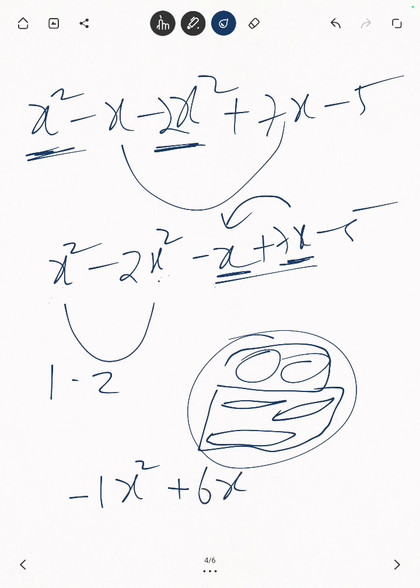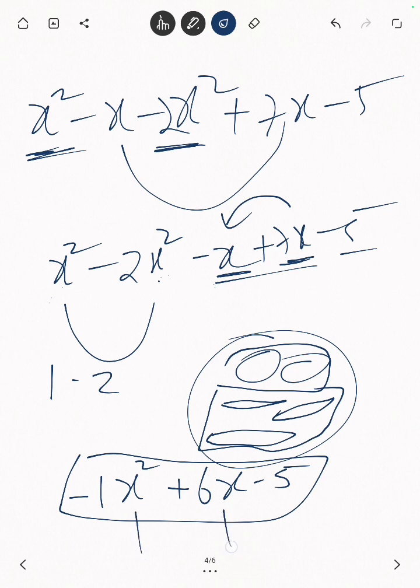This is so simple. And what is the final thing? It's minus 5. And this expression is called simplified form of algebraic expression. As I said, finally, we have only unlike terms in this expression.